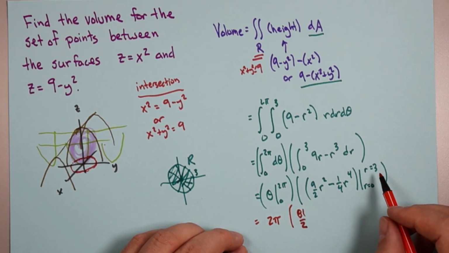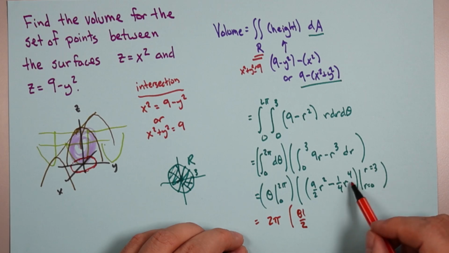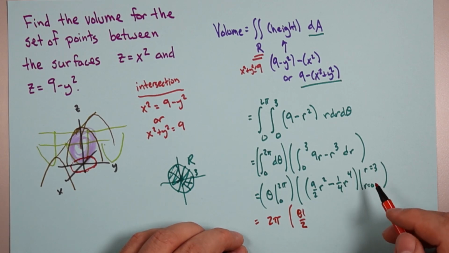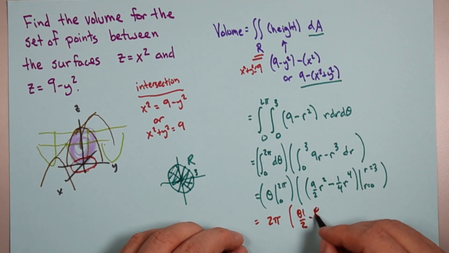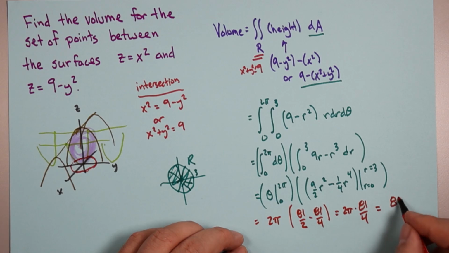And then we have 3 to the 4th, which is 81. 3 times 3 is 9, 9 times 9 is 81. So minus 81 over 4. Well, that's really 2 pi times 81 over 4, but I can cancel the 2, and so we end up with 81 over 2 pi.